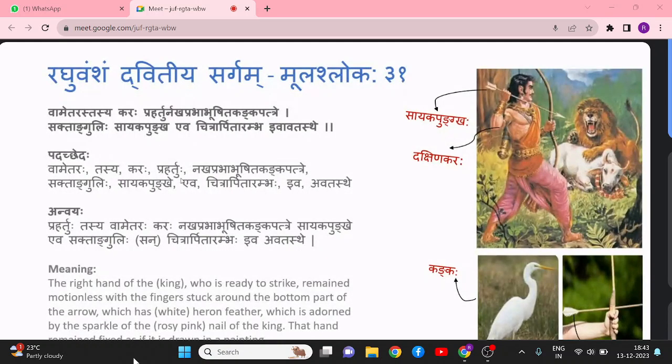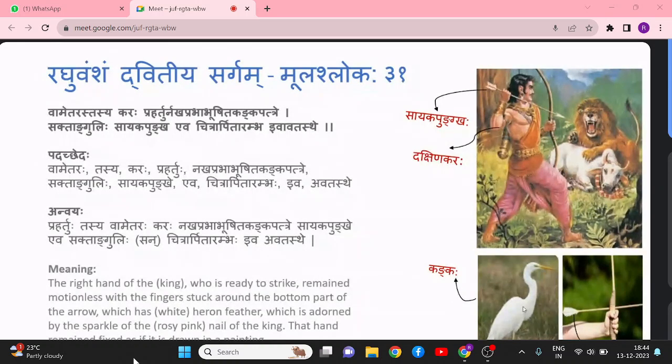Prahartuhu is the striker, the archer. Nakhaprabha bhushita kankapatre. That was a complicated word and I didn't know some of those things. Kanka looks like a bird, this white heron. So Kankapatra means Kanka's feathers, the white feathers of this bird that we see in the field.